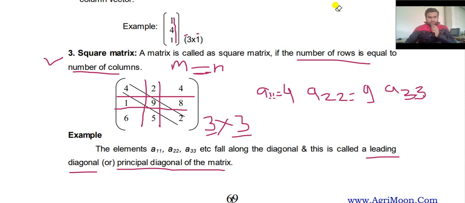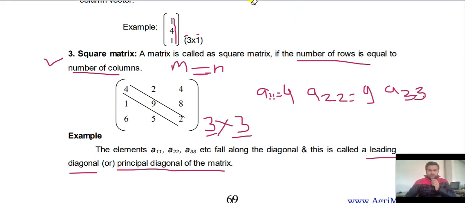A33: third row and third column. This is your third row, and this is your third column. Which number comes in this bracket? That is 2. So the value of A33 is 2. These numbers 4, 9 and 2 are called the elements of the leading diagonal.